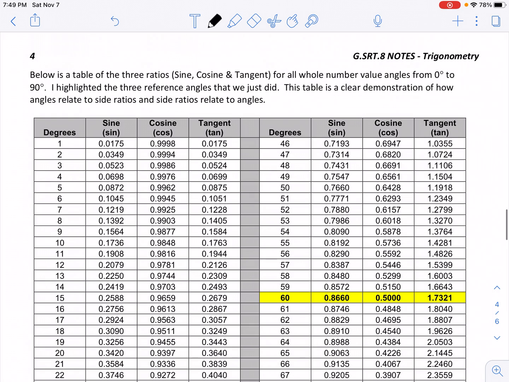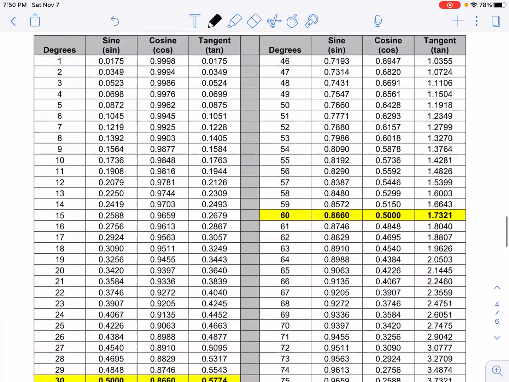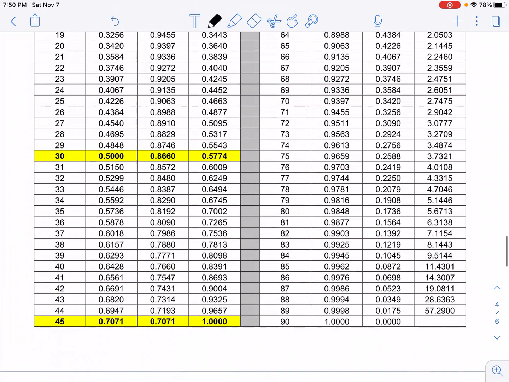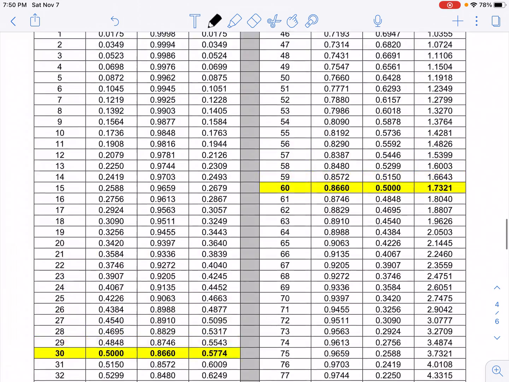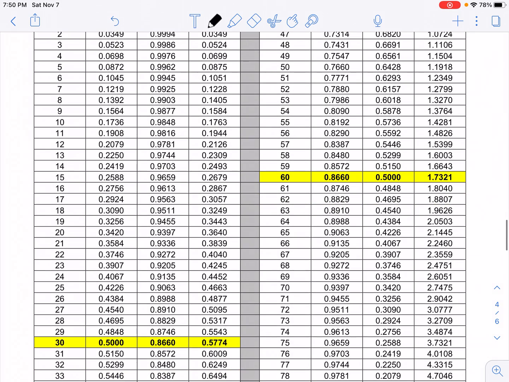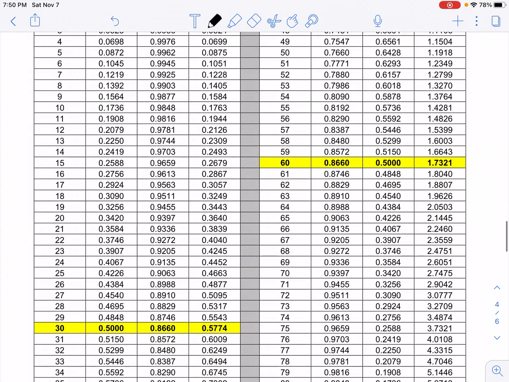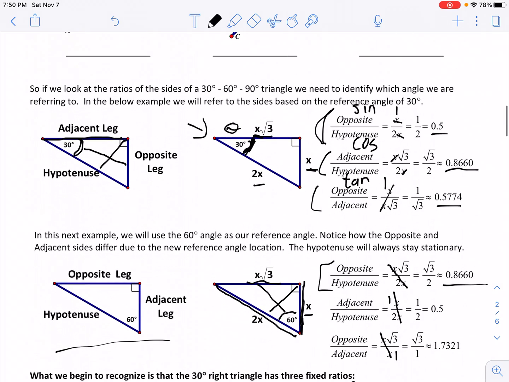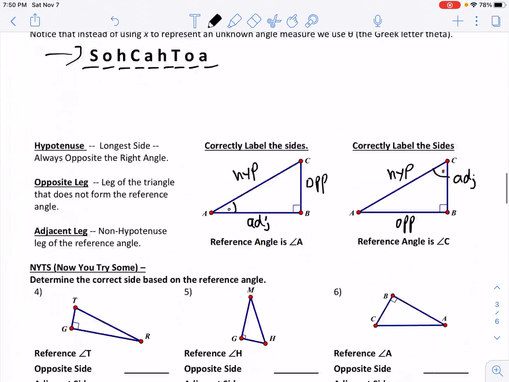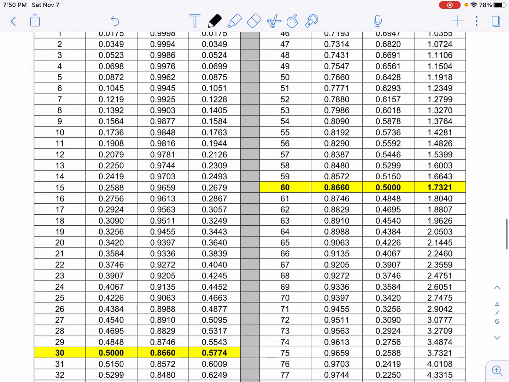What these side ratios allow us to do is, if we're given the degree measure of our reference angle, then we can start to determine what the ratios are. For instance, in the examples we looked at earlier with 30 degrees and 60 degrees, what this table allows us to do is determine what those ratios would be.